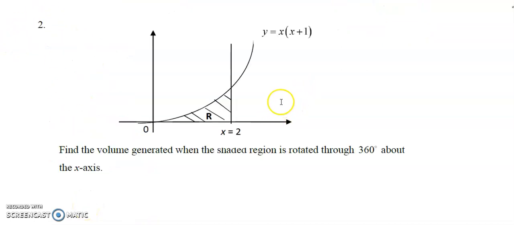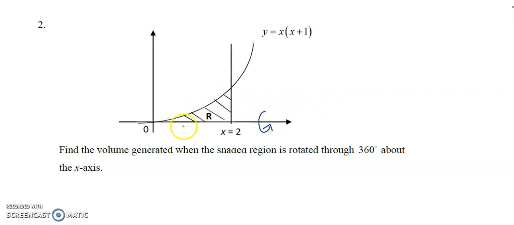For the question, example 2, find the volume generated when the shaded region is rotated through 360 degrees about the x-axis. So we have this region already labeled as R, and now we're going to take this region and rotate it about the x-axis.